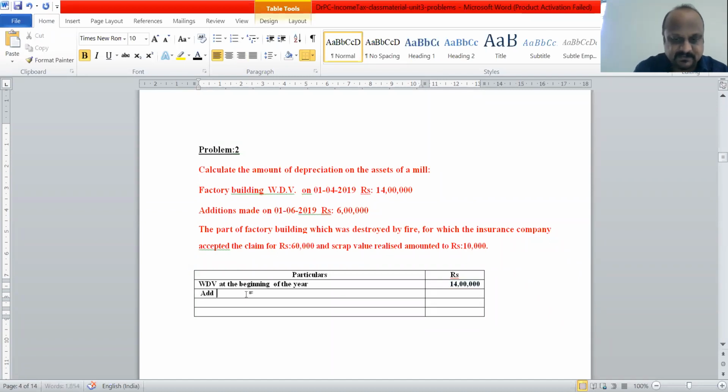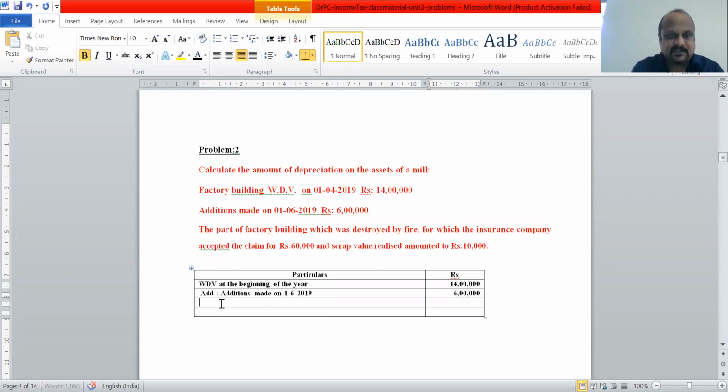Add additions made on 1/6/2019. How much was added? 6 lakhs was added.